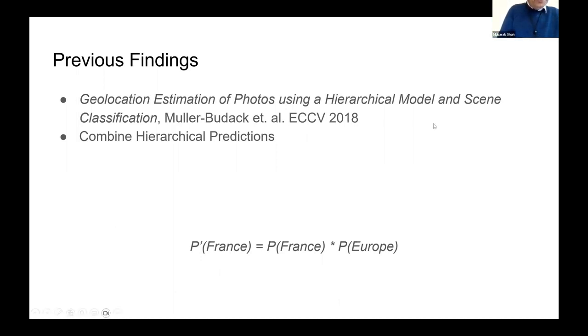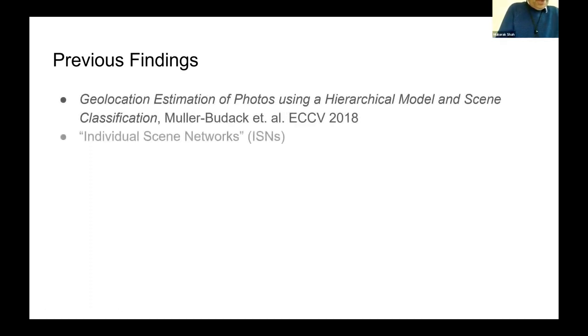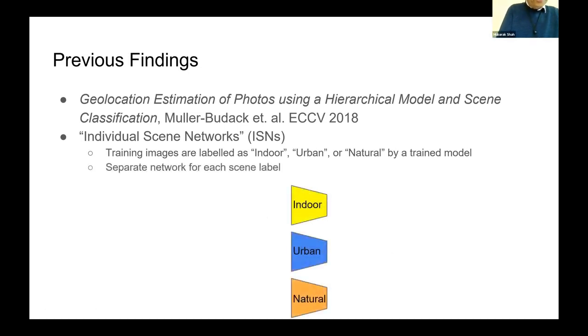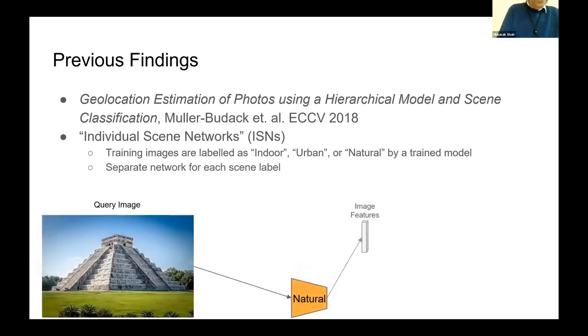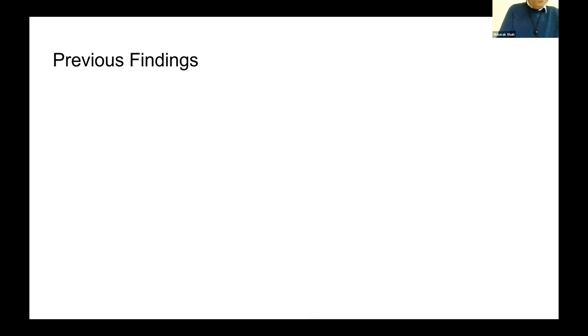The idea is that if you know the image is in Europe, then the probability that it's in France increases. Then if it is France, you can utilize this fact for the probability that it's Paris, and Eiffel Tower, and so on. They call this the individual scene network. In addition to the hierarchy, they introduced 3 scenes: indoor, urban, or natural, and they trained these models, and they have these different scene classifiers, and then we combine these outputs to do the classification.